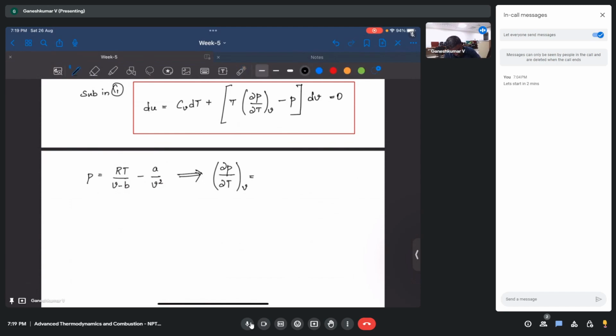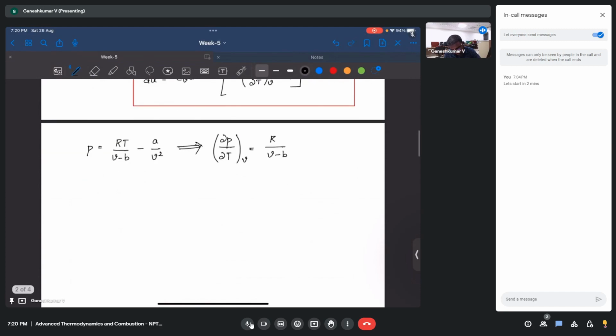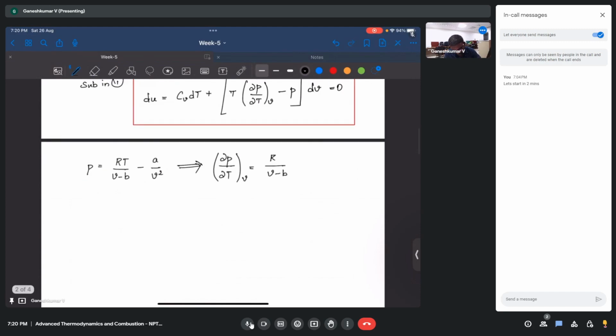So B is a constant, V is also constant in this differentiation, R is also constant, so the only differentiation is with respect to T. It's going to be simply R divided by V minus B.